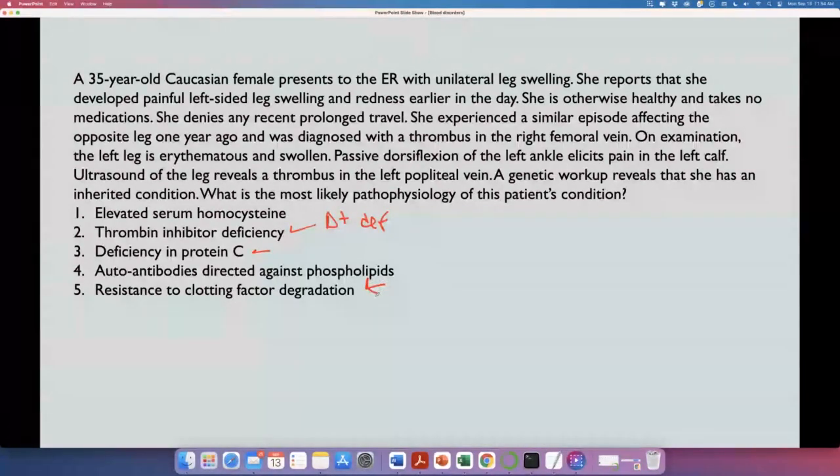What is resistance to clotting factor degradation? That is another way to say factor V Leiden mutation. That is how they change the terminology to confuse the students.